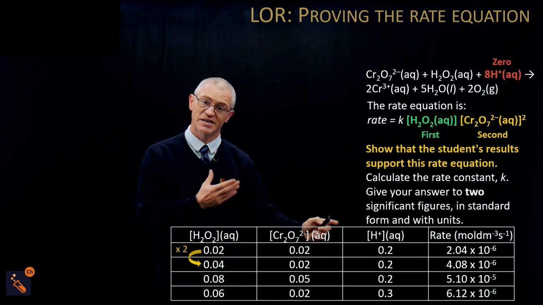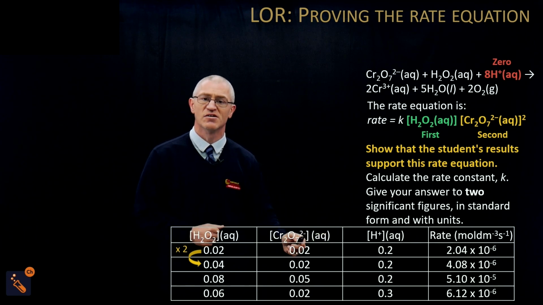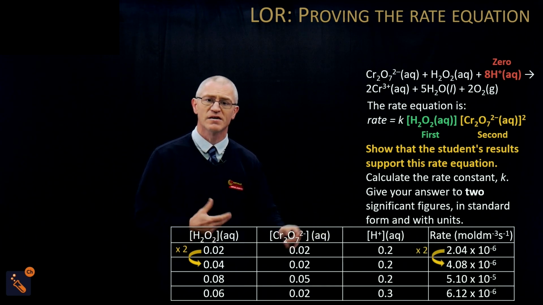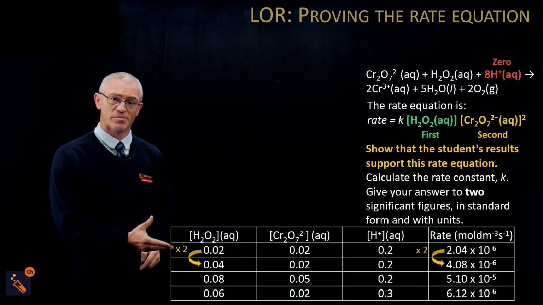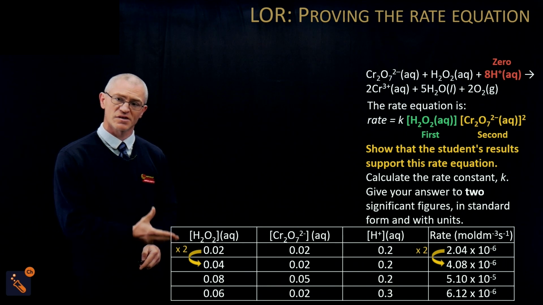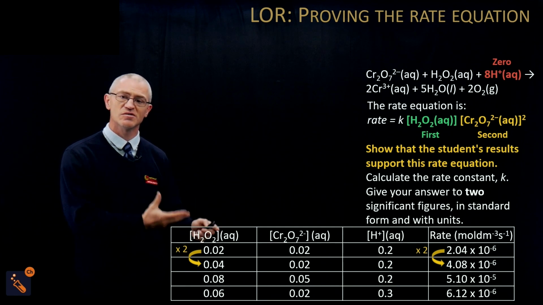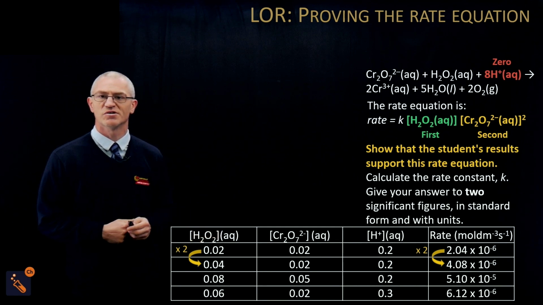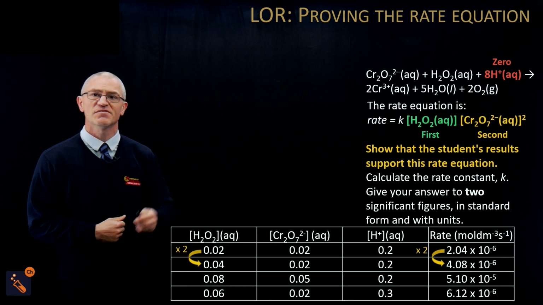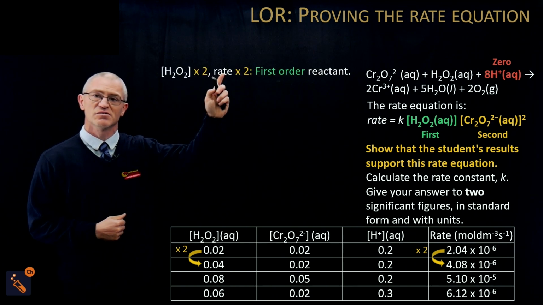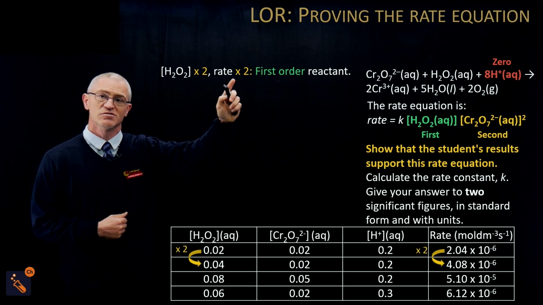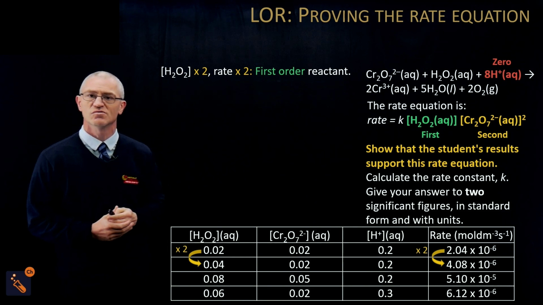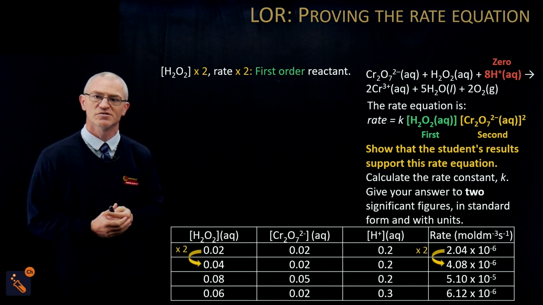If we look at our rate, and again, if you're doing this, put it in your calculator first, you can see that it is times by 2. So we've got a proportional relationship. That is the sign of a first order reactant. If I times the concentration by 2, the rate will times by 2. Proportional relationship.